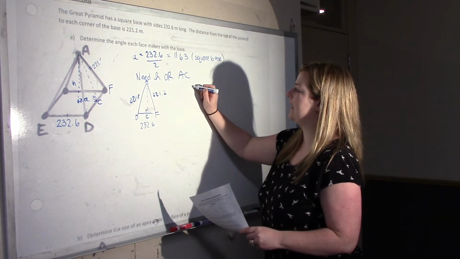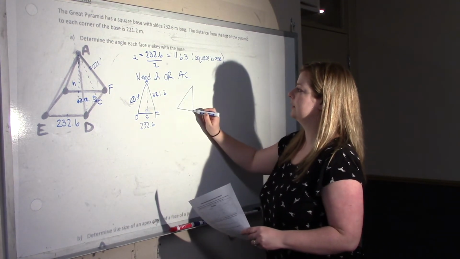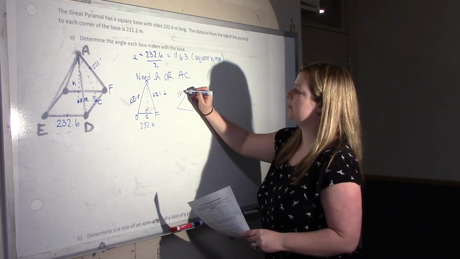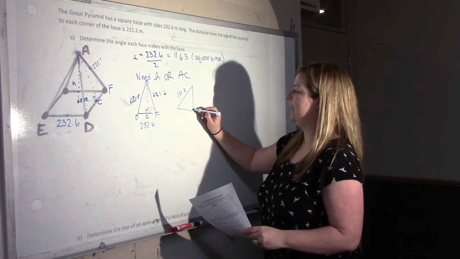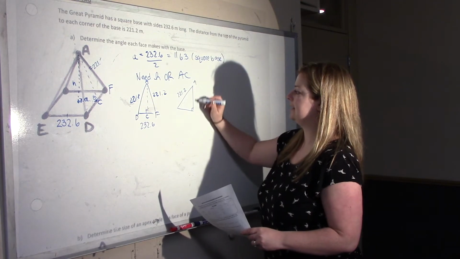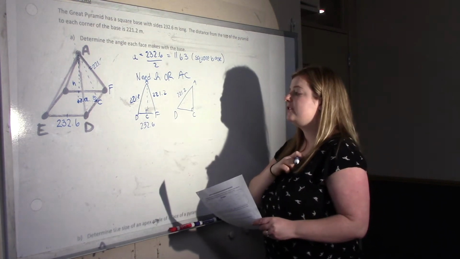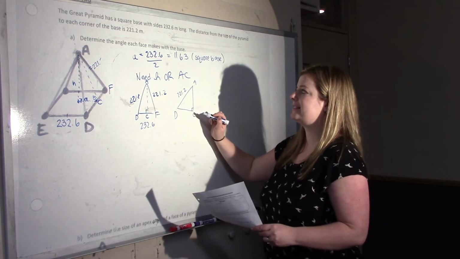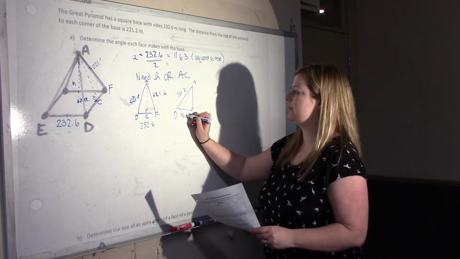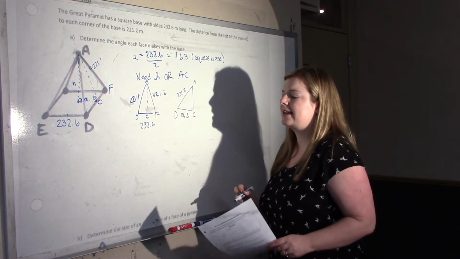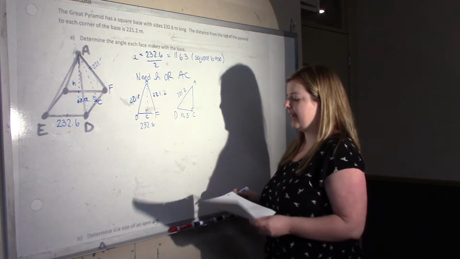So now I'm going to divide that even further, where this is 221.2, and this is AC, and this is DC. How can we find DC? Well, it's just half of 232.6, which is 116.3, because this is an isosceles triangle, so it will cut that in half.